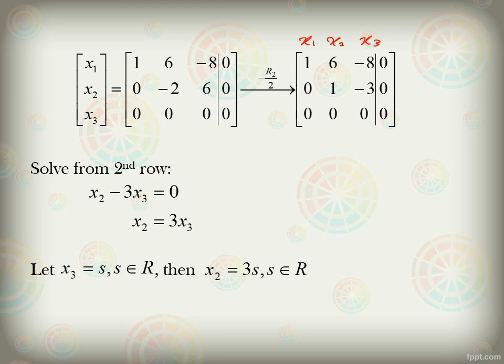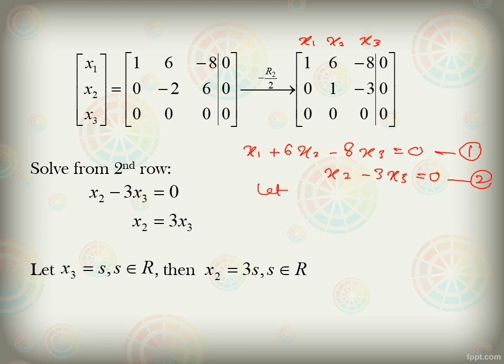You rewrite this equation. The first one will be x1 plus 6x2 minus x3 equal to 0. This is your first equation. Your second equation, you have 4x2 minus 3x3 equal to 0. What you do here, you can let any of the variables be a constant s.